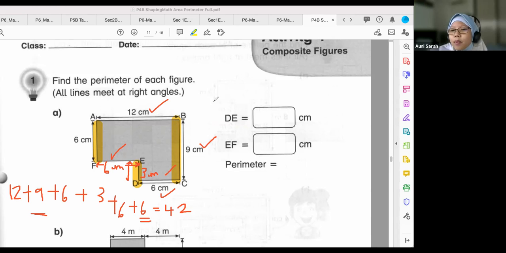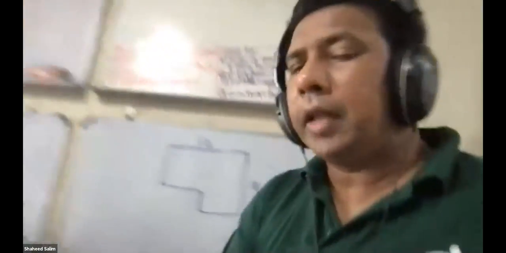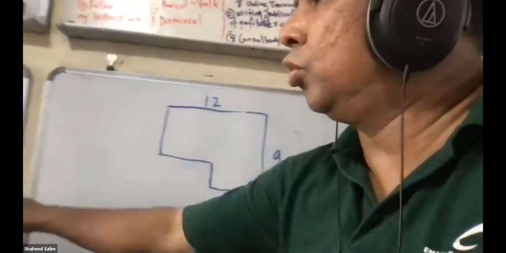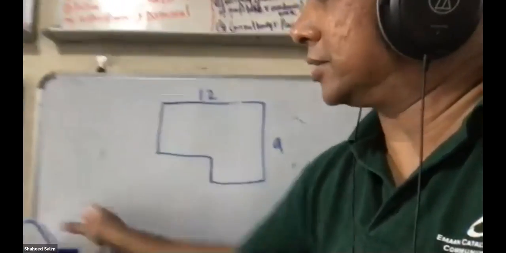I can't see the board. I'm going to show you the board. Okay. Down here, actually, you only need to know 2 parts. I'm teaching you a shortcut, okay? How to find the perimeter fast.